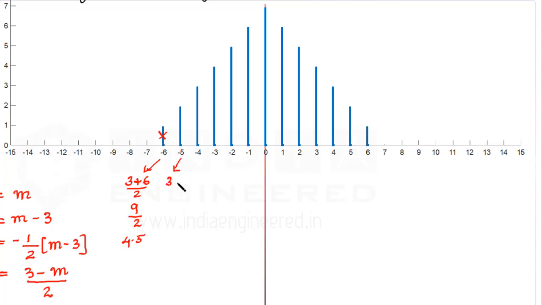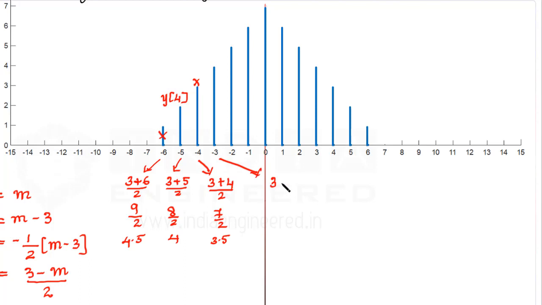This will be 3 minus 5 by 2, that is 8 by 2, which is 4. So this will be our y of 4. Now here it will be 3 minus 4 by 2, that is 7 by 2, which is 3.5. So we don't have this in our output.